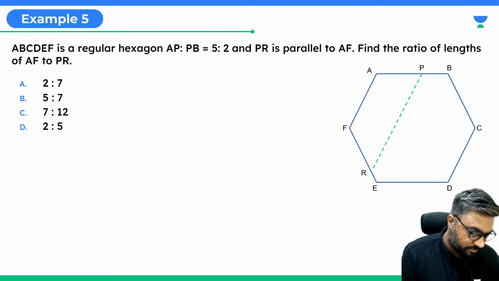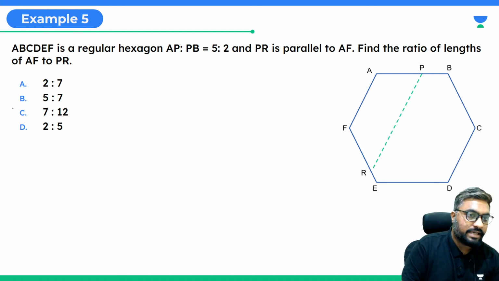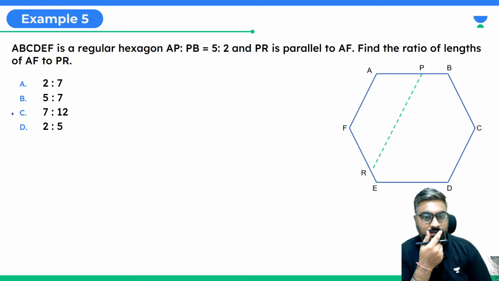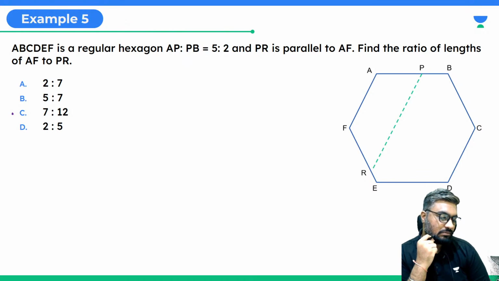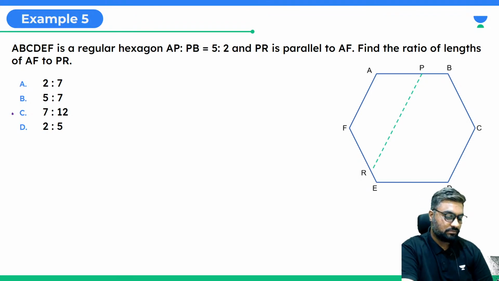Superb. Dinesh, Manan, Pragya are saying C, 7:12. Very good. Others? So what happens here?